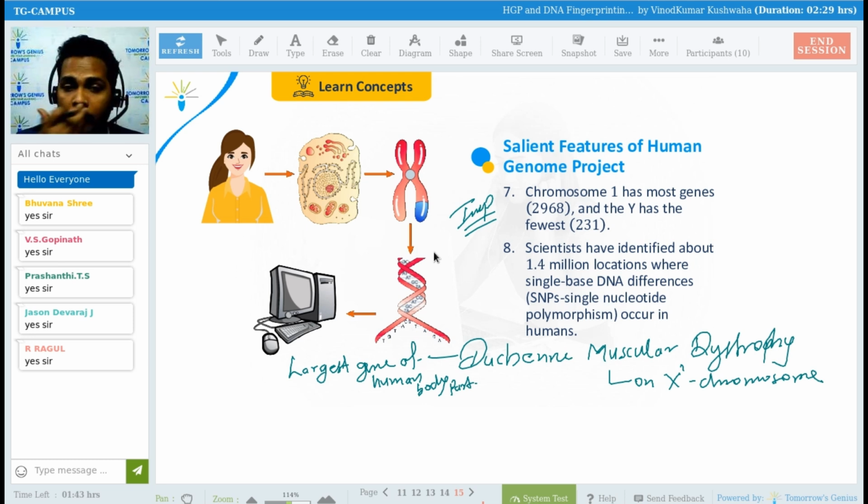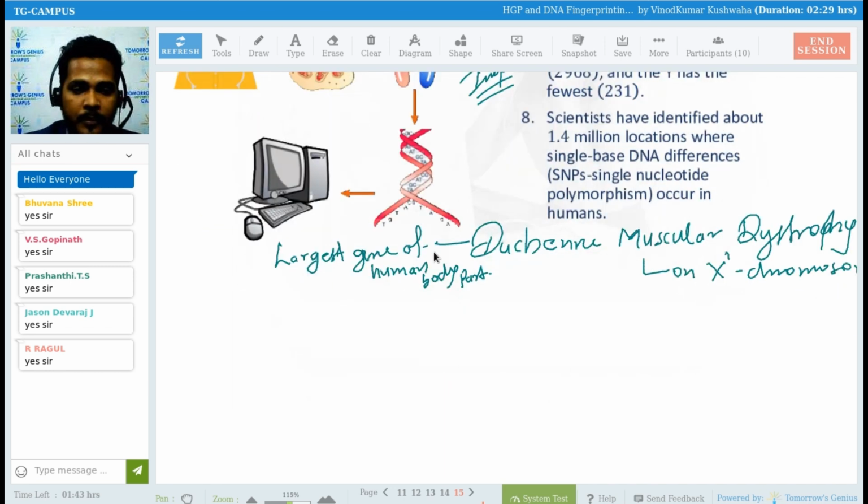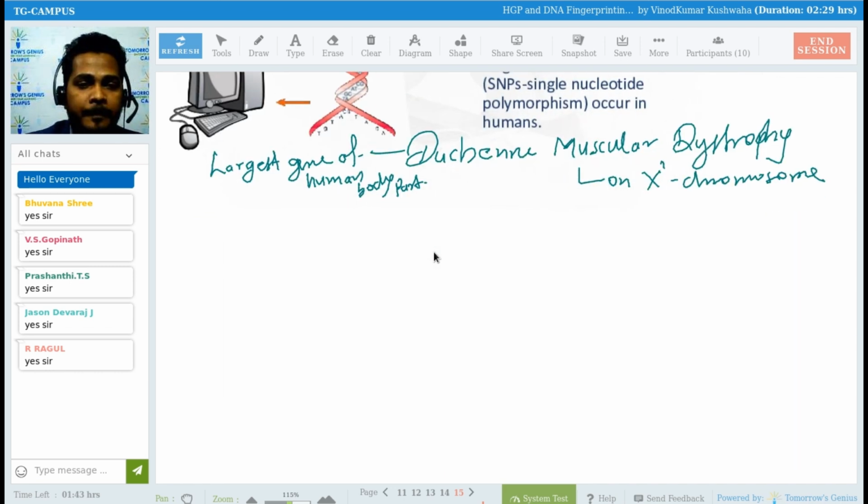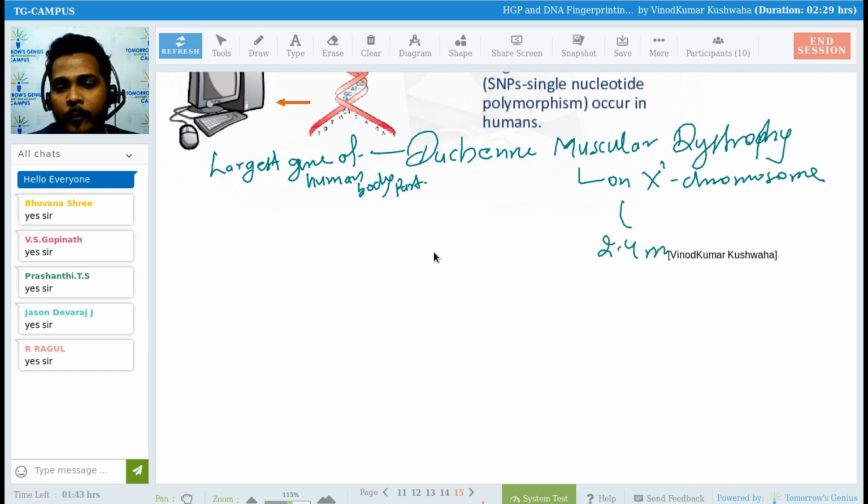Now, the smallest gene. Sorry, let me first tell you the number of that largest gene of the human body. The number is near about 2.4 million.